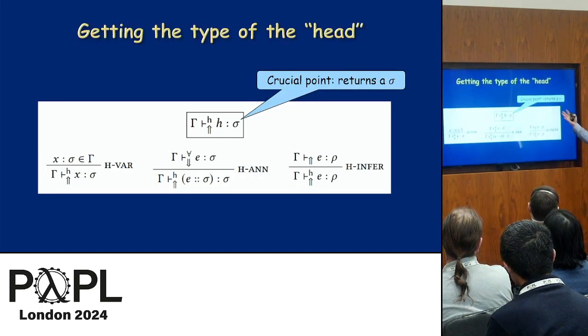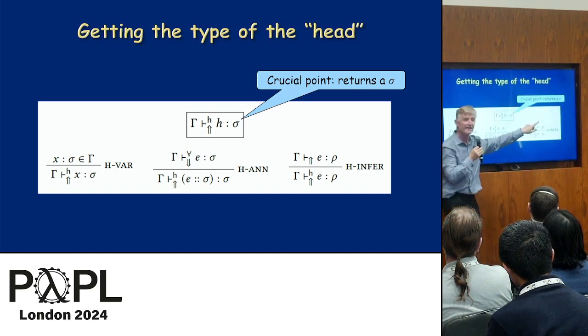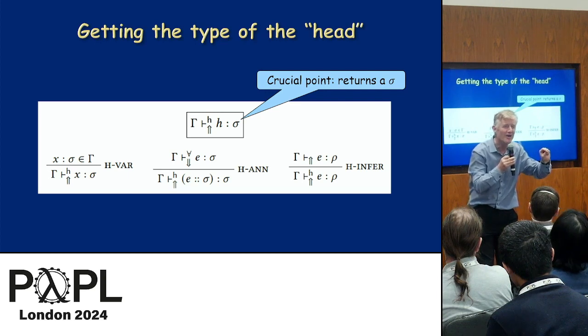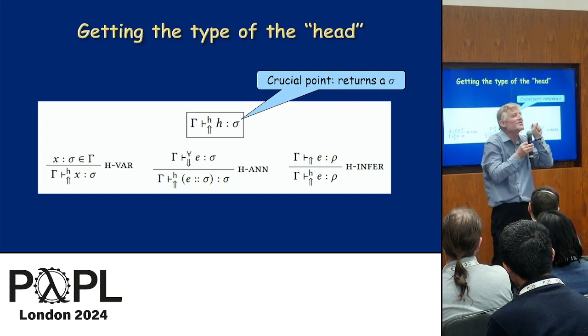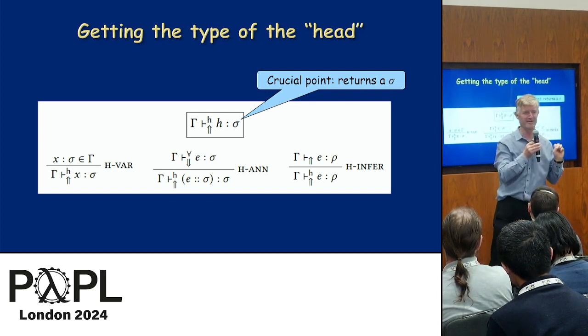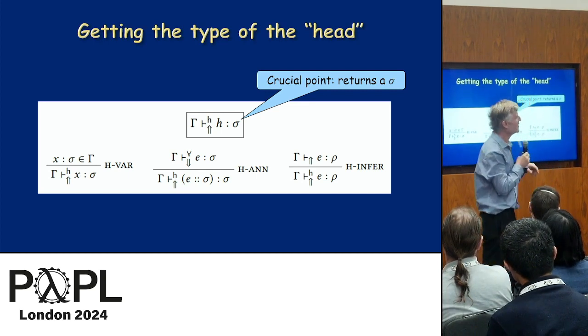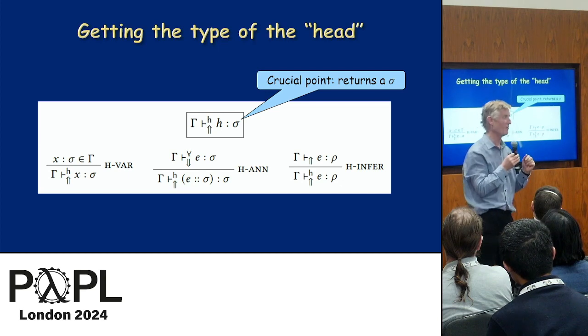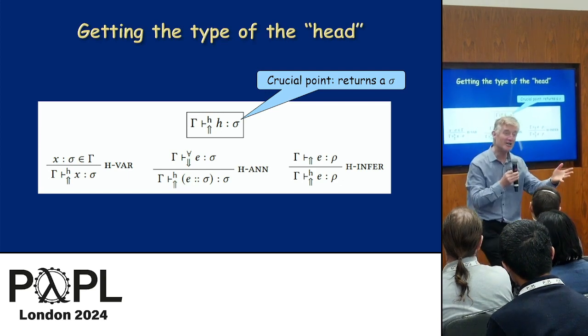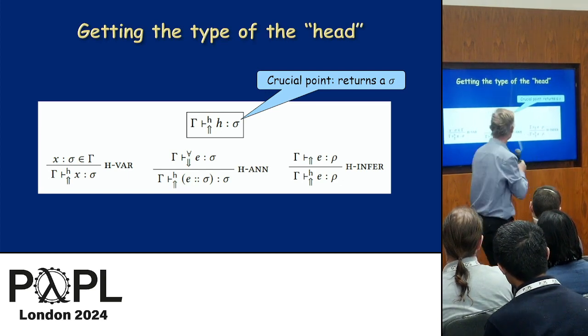Well, here it is. Very simple judgment, actually, because, and notice it returns a sigma. Ooh, the power of saying sigma rather than rho. Tell this to an ordinary room of people and they say, yeah, whatever, right? But to you guys, you think, oh, yes. So why does it?